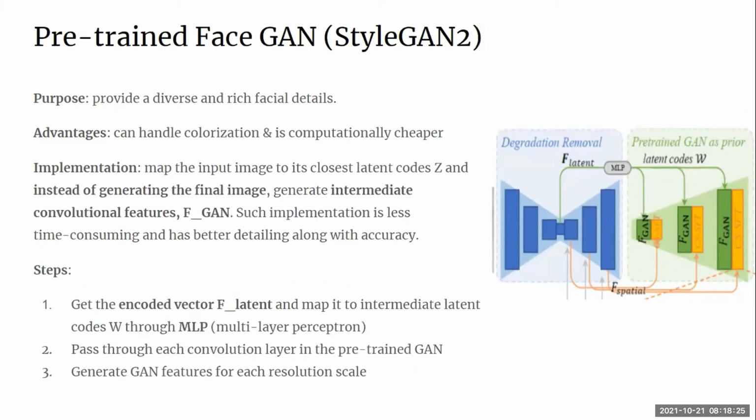Okay. The second step is moving those f-latent and f-spatial to the next step, which is the pre-trained GAN. Over here, they use StyleGAN2. The idea is to take the latent variable from the latent space and map that into the StyleGAN using a multi-layer perceptron, just linear layers.